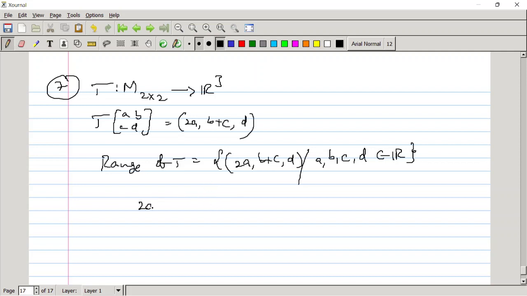We can write any element of the form 2a comma b plus c comma d.